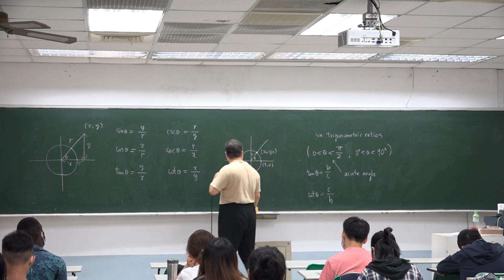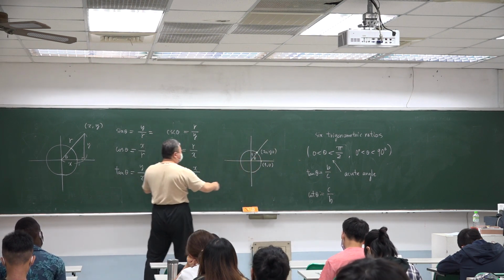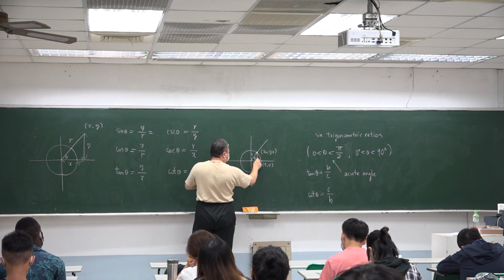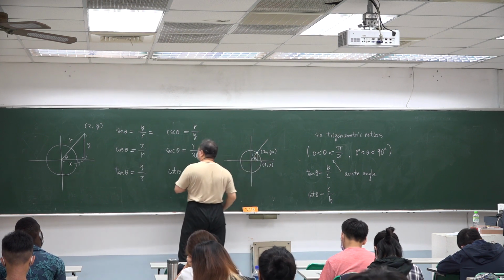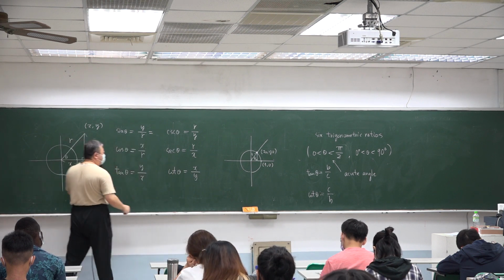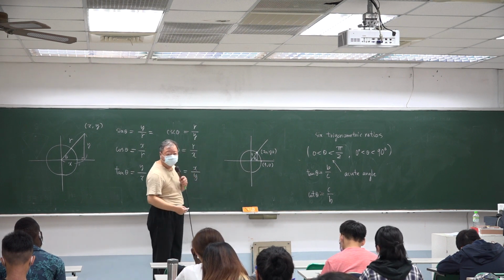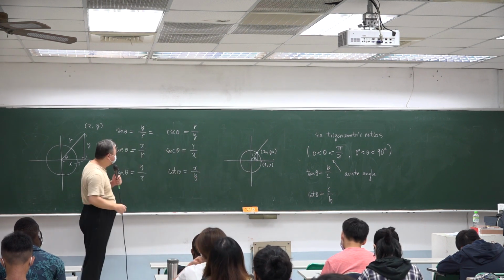Then when r equals 1, sine theta becomes this one, because these two shapes, this one and this one, are similar. So the ratio must be the same.